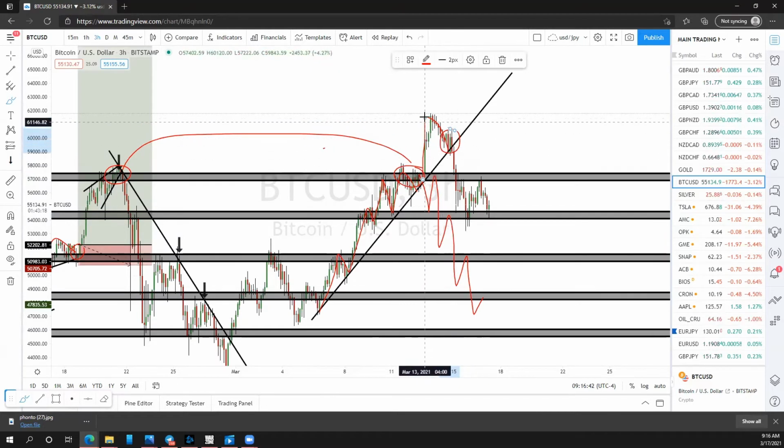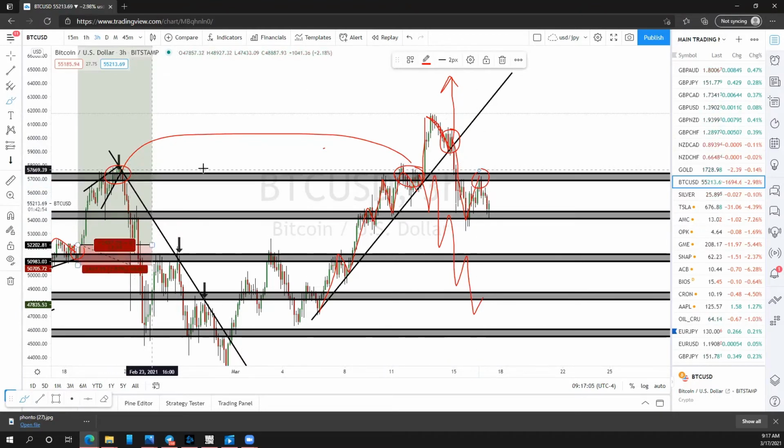When price action did this correction on the retest, instead of coming way back here, it came back to the trend line, and from here it could have pushed even further to the top side. It kept going up and up and up, but that didn't happen, right? Instead, it fell back below this level and then pulled back to the same exact past level of support and resistance that we saw always in the past, right?